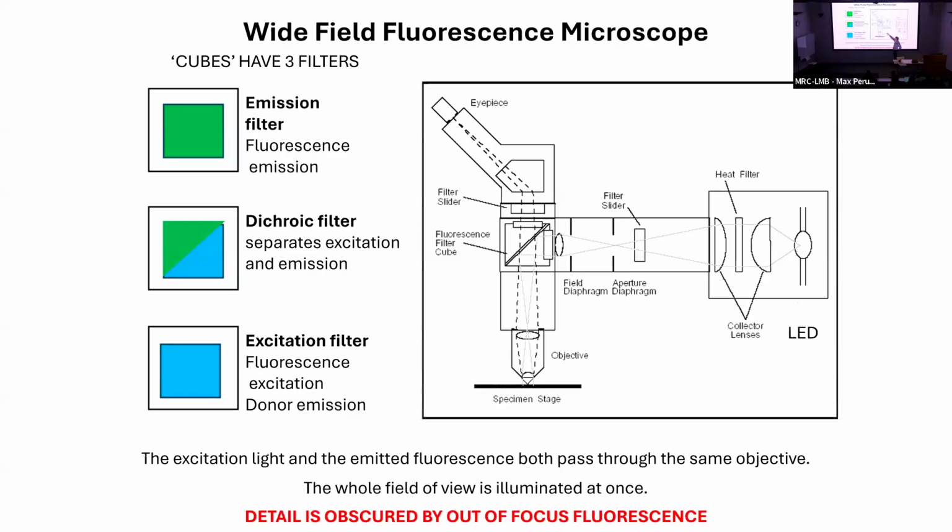We've got this mirror, a wavelength selective mirror, so it reflects the excitation light down here, but the emission from the sample, which will be shifted to a longer wavelength, so blue becomes green in fluorescence, goes straight through there, and that goes up to the eyepieces or to a camera or what have you.